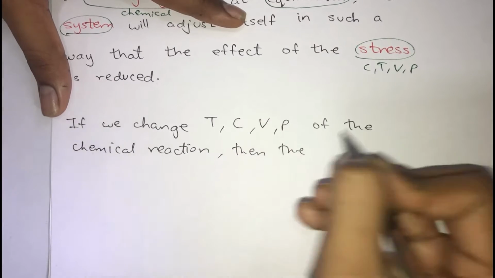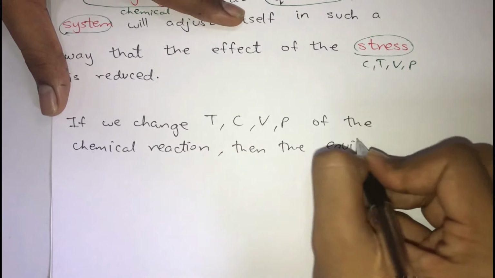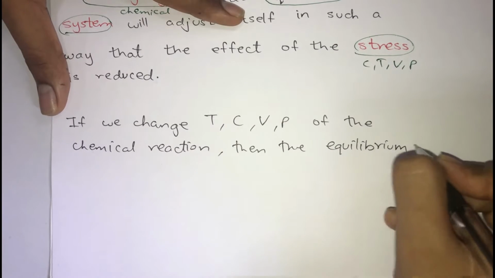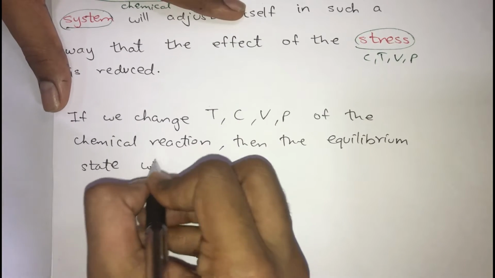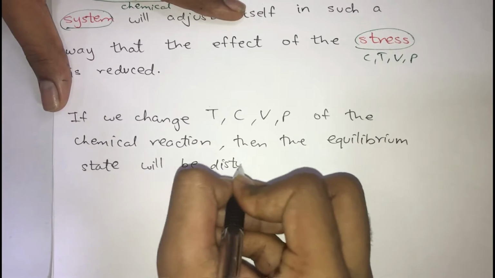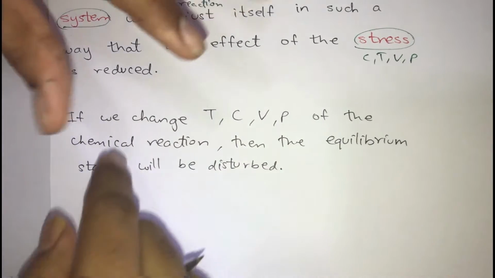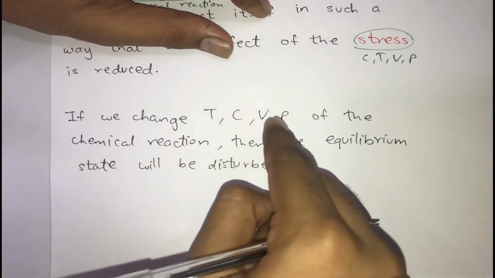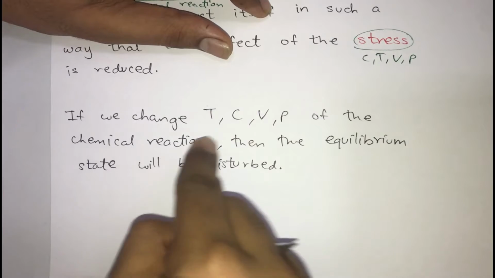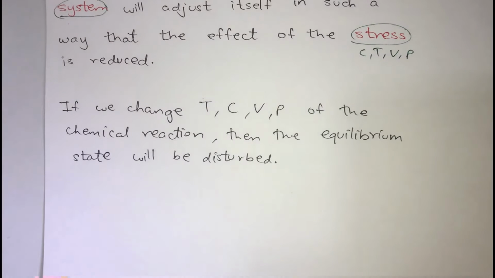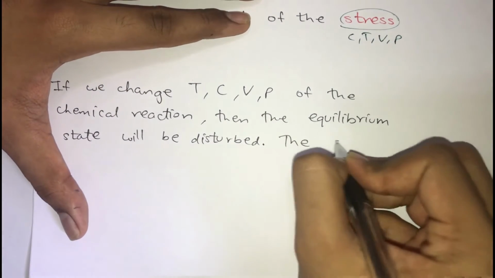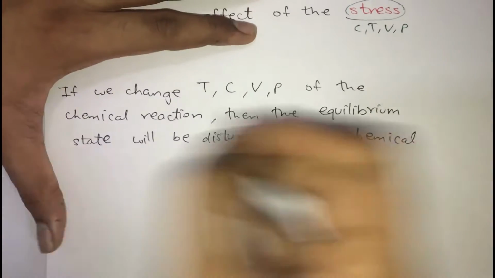Then the equilibrium state will be disturbed. Am I right, guys? If you change the temperature, concentration, volume, or pressure of the chemical reaction which is in equilibrium, then it is obvious that the equilibrium state will be disturbed. And now, since the equilibrium state has been disturbed, what will the chemical reaction do?